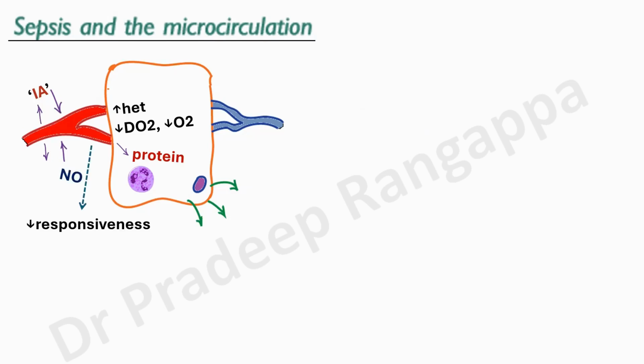Because of this inappropriate constriction and dilatation, there is reduced responsiveness of these vessels to certain agents that you would give, and that is perpetuated by nitric oxide again. In sepsis, L-arginine is converted to nitric oxide by nitric oxide synthase, and this nitric oxide causes activation of guanylate cyclase.